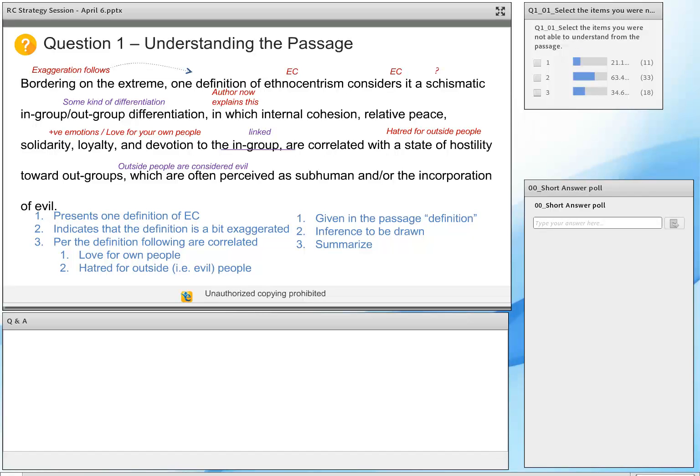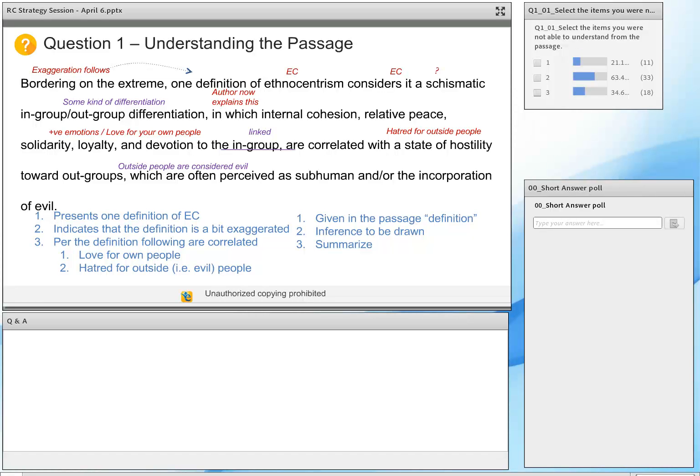So that's the inference. The third part of the summary is actually a summarization of what you've read. Okay, so if you think about it, more people had issues with inferences than with summary, than with identifying the explicit detail in the passage.